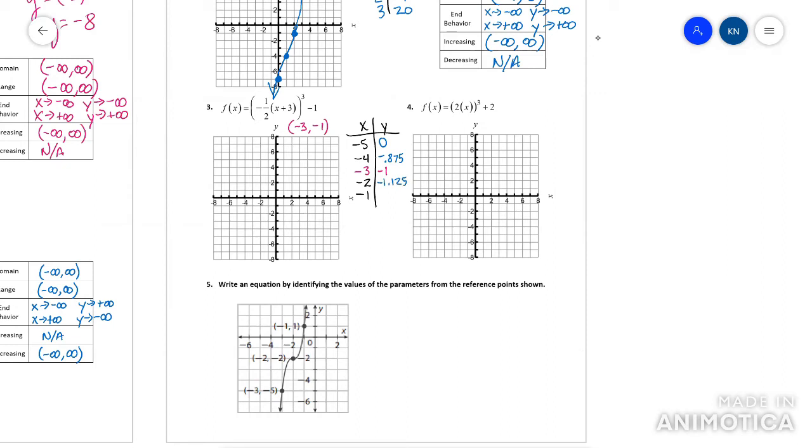When you plug in -1, you'll get -2. All right, now throw them onto the graph. -5, 0, -4, -0.875 is like -1, almost, not quite. So it's like here. -3, -1, -2, a little over -1, and then -1, -2.